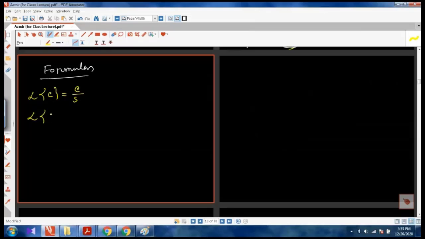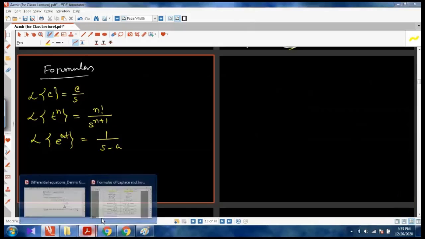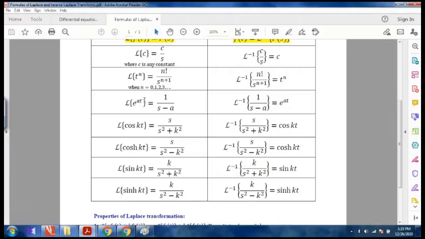Laplace transformation of t power n, if the function is t power n, then it is n factorial over s power n plus 1. Laplace transformation of e power at is 1 over s minus a.